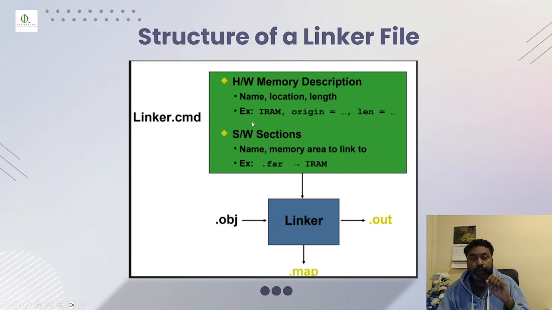Once that's done, it's sent to the linker. The linker receives the object files from the assembler, and with the command file and the object files, it produces a .out file to send to the loader. The loader sends the hex file format to the target board, and the linker also maps the external memory allocations through the .map file.